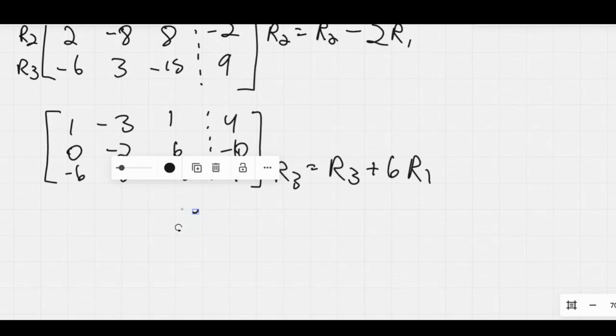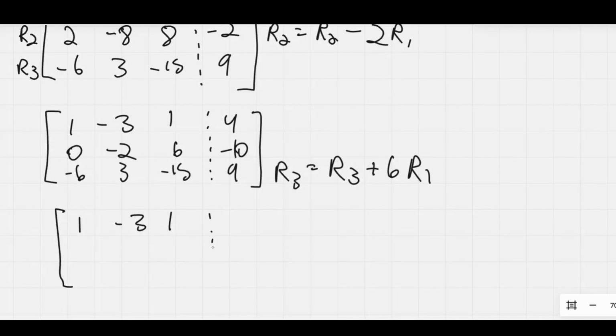Doing that, what we get is the original row 1 and row 2, and let me write the augment over here. However, for row 3, we have negative 6. 6 times 1 is going to be 6, and negative 6 plus 6 is 0.